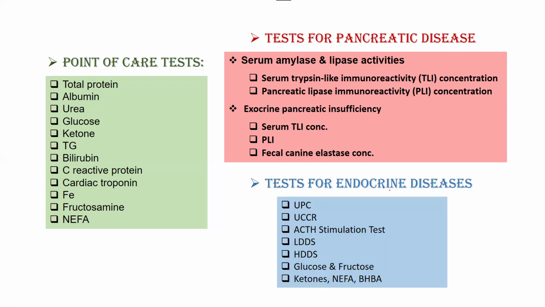Then we have tests for endocrine diseases: urine protein creatinine ratio, urine cortisol creatinine ratio, ACTH stimulation test, low dose dexamethasone stimulation, high dose dexamethasone stimulation, glucose or fructosamine, ketones, or non-esterified fatty acids, beta hydroxybutyric acid.